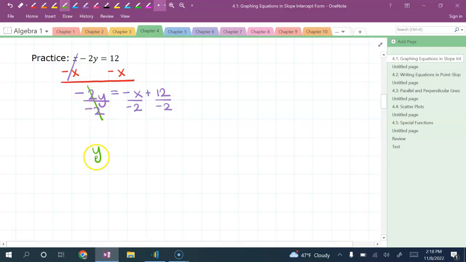So I have y equals, this would be -1 over -2. A negative over a negative is going to make that become positive, so I write that as +1/2 x. And then 12 divided by -2 would be -6. So there's your equation. Now the -6 is your b, and the 1/2 is going to be your slope, your m.